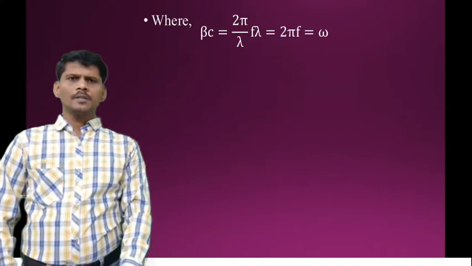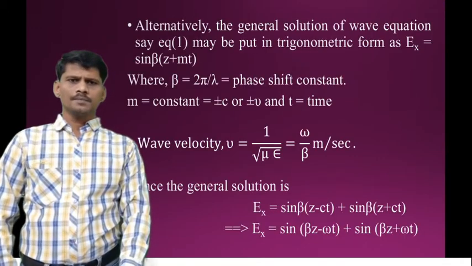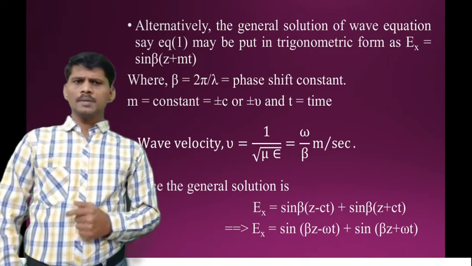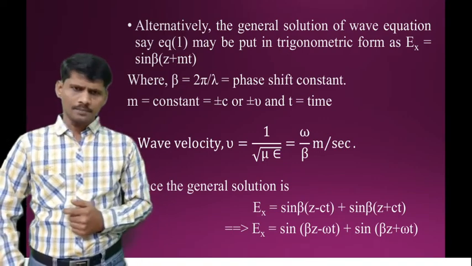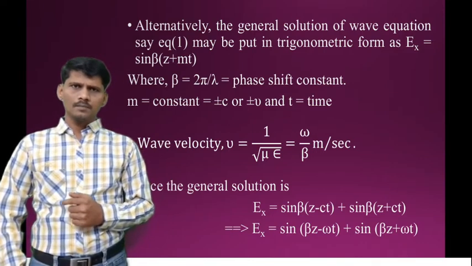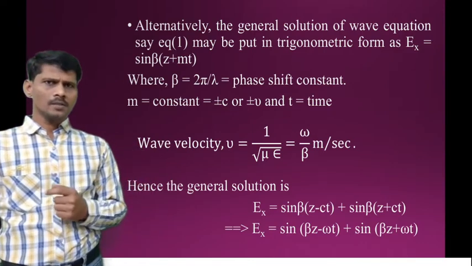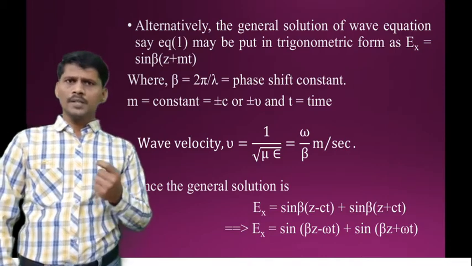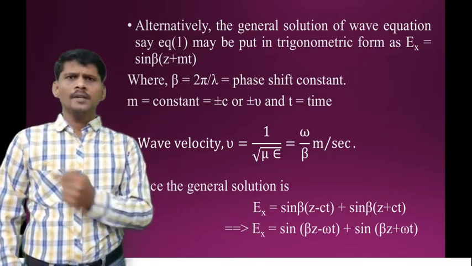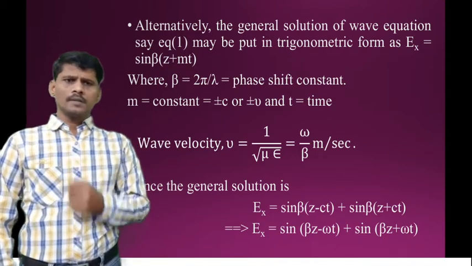The trigonometric form of the general solution is Ex is equal to sin beta of z minus Ct plus sin beta of z plus Ct. The first term represents the wave traveling in the positive z direction, and the second term indicates the wave traveling in the negative z direction, or backward direction.